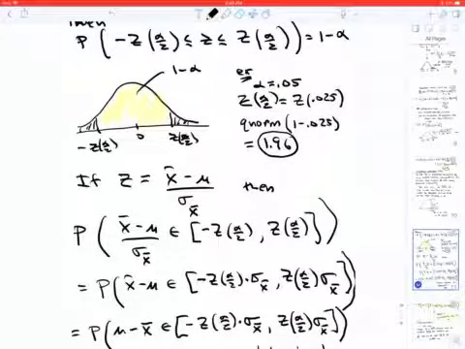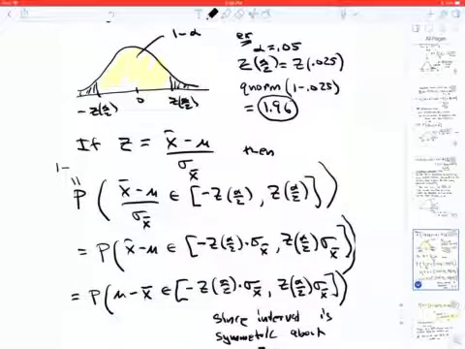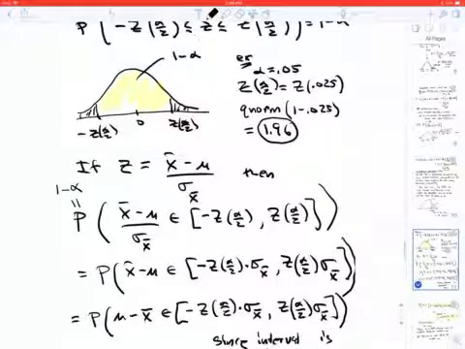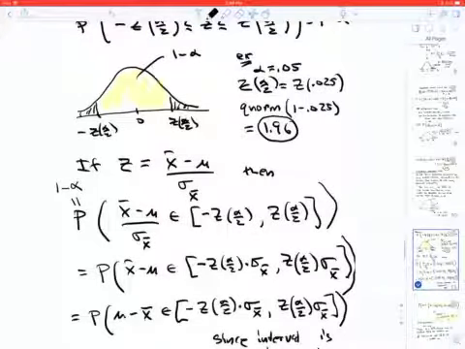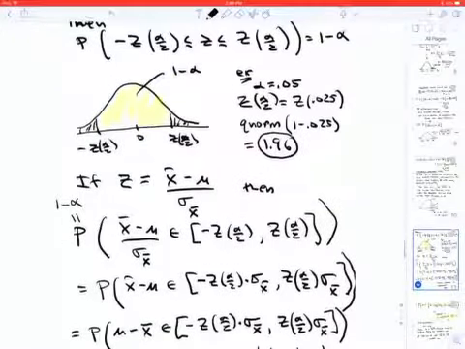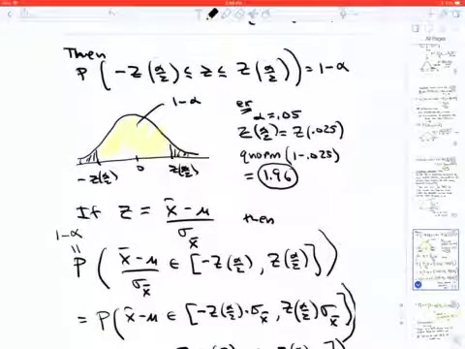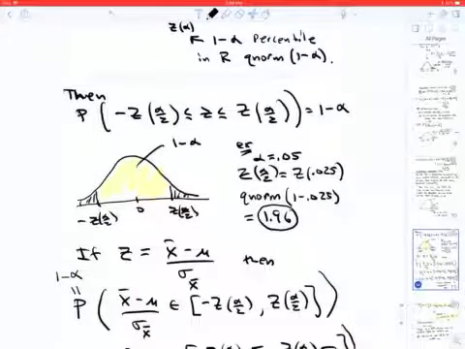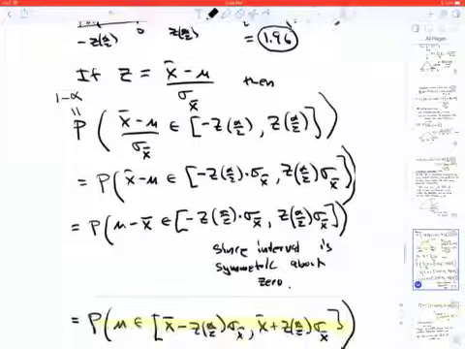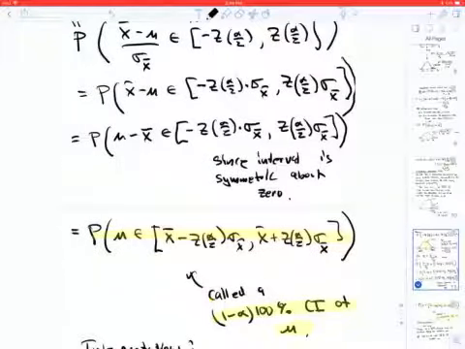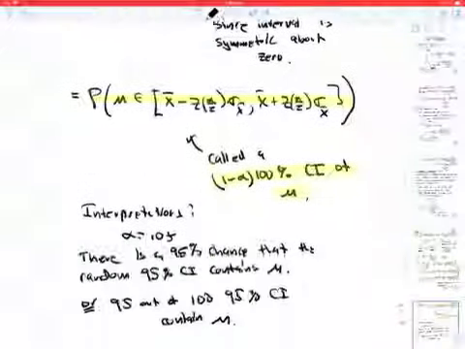And I somehow forgot to mention that this is 1 minus alpha, right? Just by construction, the chance that we're in this highlighted region here is 1 minus alpha. But all of these are equivalent, and this interval here is the 1 minus alpha times 100% confidence interval.